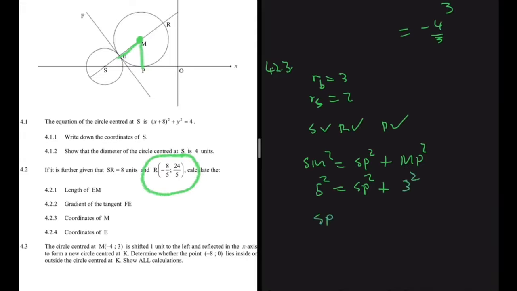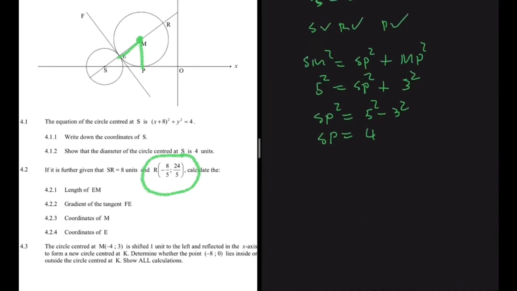So SP squared is basically 5 squared minus 3 squared, right? So SP squared will be 5 squared, that's 25. 3 squared is 9. So 25 minus 9 is 16. Square root of 16 is 4, right? So SP is equal to 4. But we know that the coordinates of S is minus 8 and 0, right?